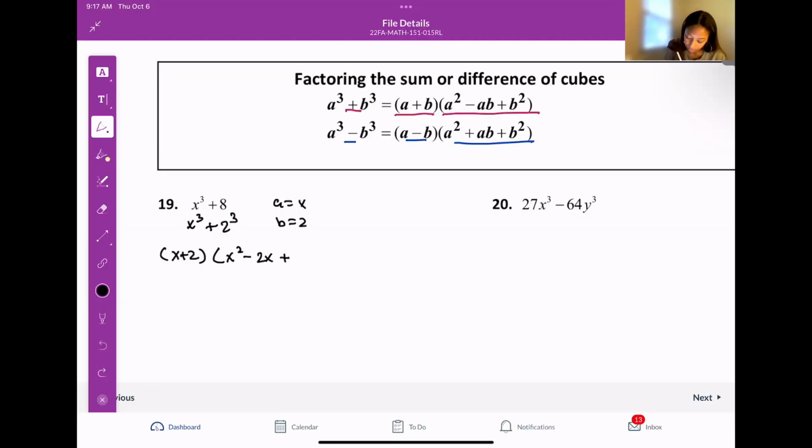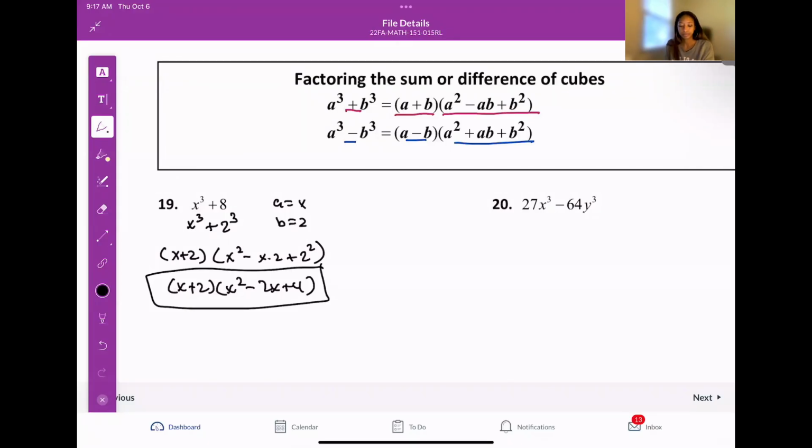Just to be a little bit more thorough, I want to do it directly so you can see where it comes from. So we have x squared minus x times 2, and then plus 2 squared. So that's x plus 2 times x squared minus 2x plus 4. And that's our final answer for that one.